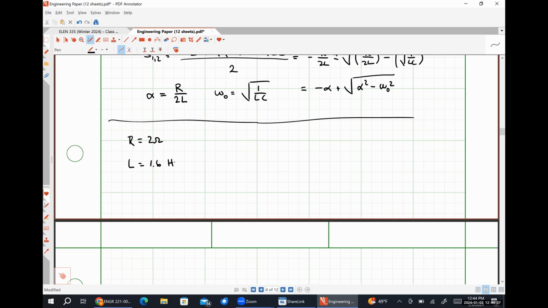So for the circuit to be critically damped, we need alpha to equal omega naught. So effectively, I'm just going to manipulate things to solve for C and then plug in those values so that we'll know what C we need. So R over 2L is equal to the square root of 1 over LC.